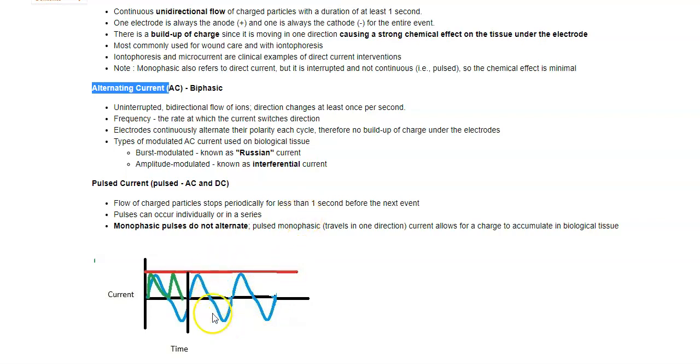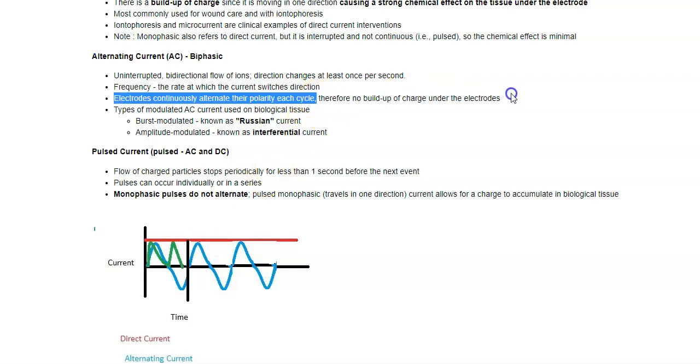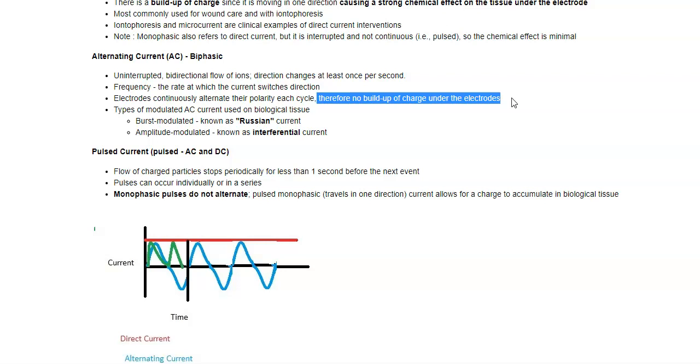And the rate at which it switches between positive and negative is the frequency. The distinguishing thing to know about alternating current is because the charge alternates, although you may have a depolarizing stimulus, what you do not get is a buildup of charge in the tissue. So there's no buildup of charge underneath the electrodes as the electrical stimulation is being administered.